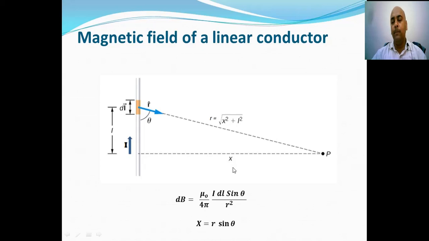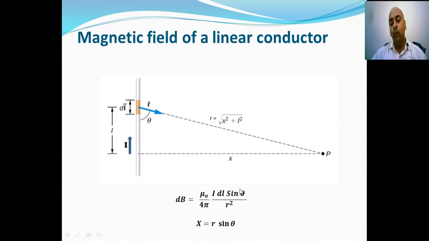So as per Biot-Savart law, the small magnetic field dB at point P due to an infinitesimal conductor of length dl is given by mu naught upon 4 pi, I dl sin theta upon r square.